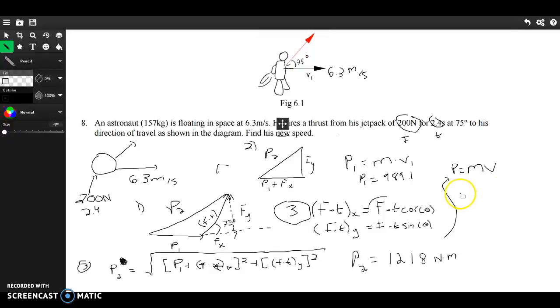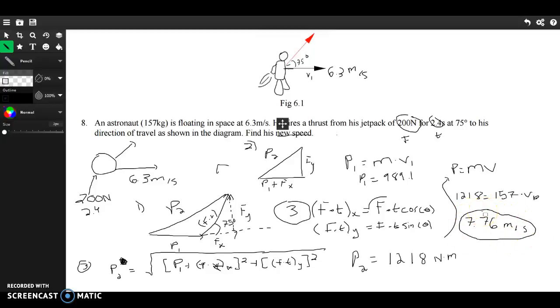So we can say that 1218 is equal to his original mass times his new velocity, Vf. So if you divide the two, 1218 by 157, you get 7.76 meters per second. And that is how fast he is going.